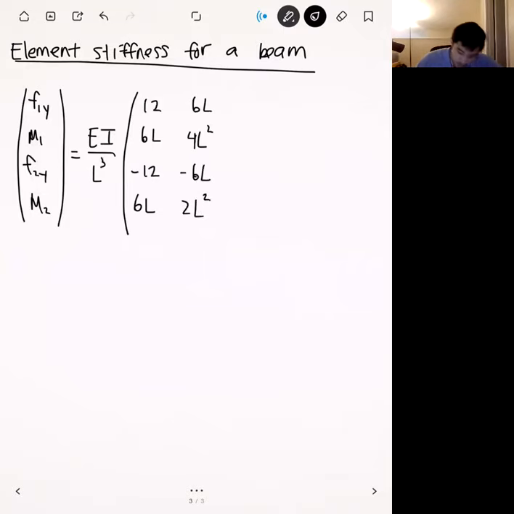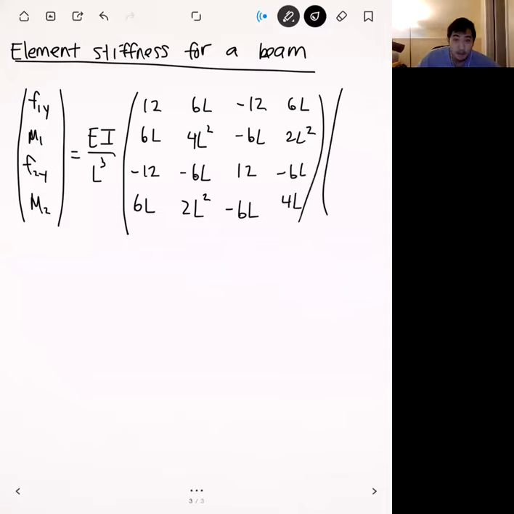And then we have minus 12, minus 6L, 12, minus 6L, and then 6L, 2L squared, minus 6L, and 4L. And of course, these are going to be multiplying by the vector of the nodal displacements and rotations.